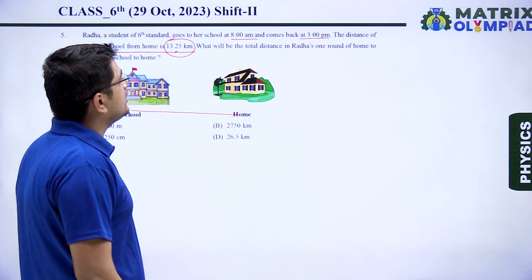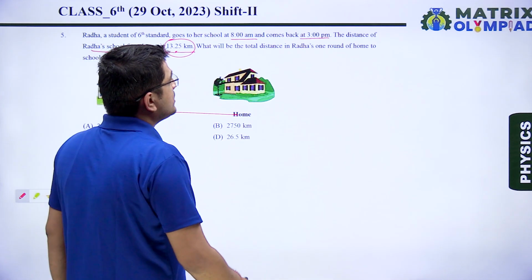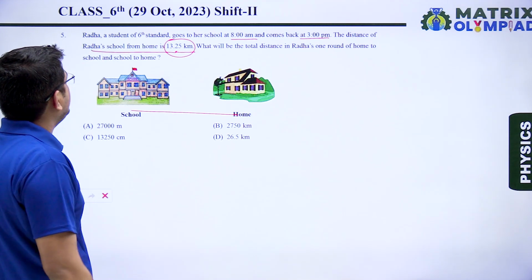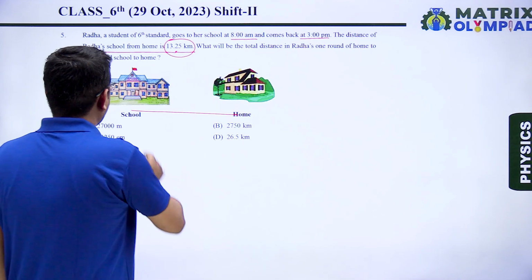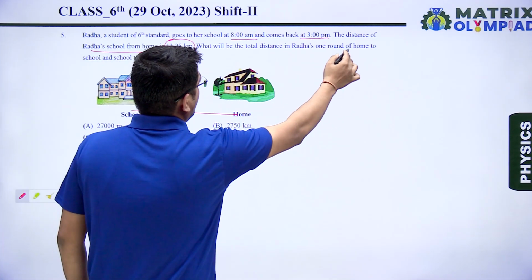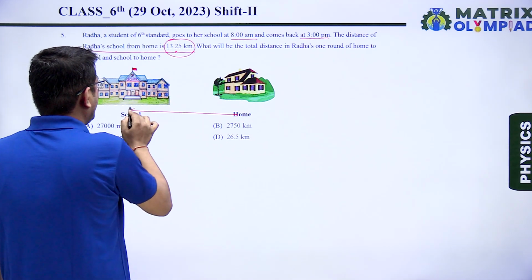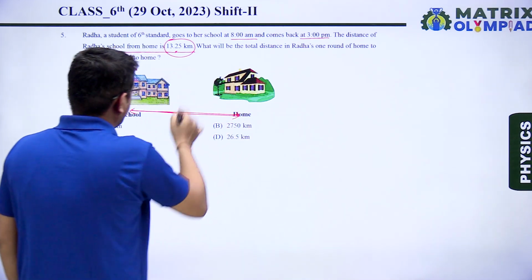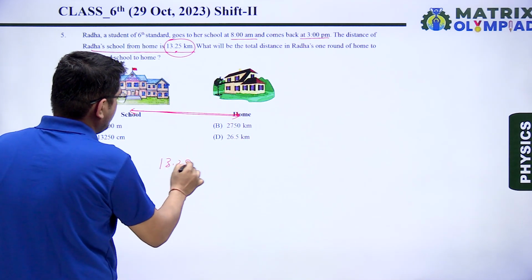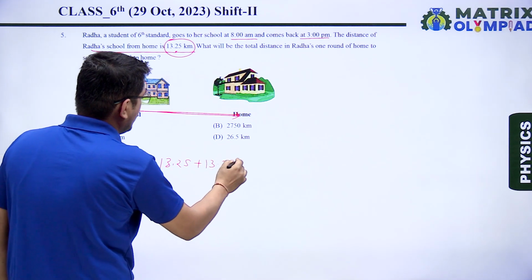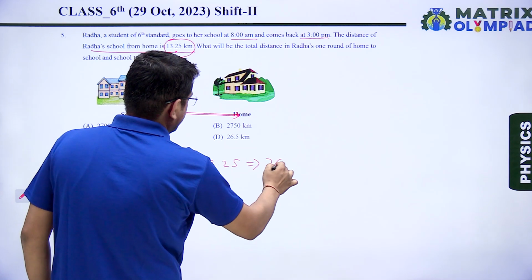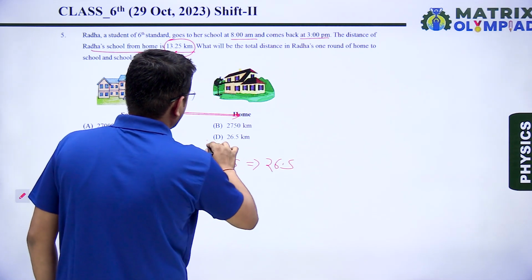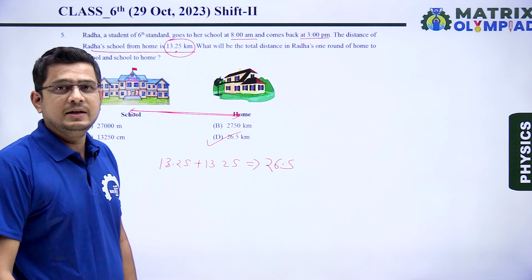What will be the total distance in Radha's one round of home to school and school to home? So we have to calculate the total distance from one round of home to school and then again school to home. That will be 13.25 plus 13.25, which is equal to 26.5 kilometers. So correct answer is option D.